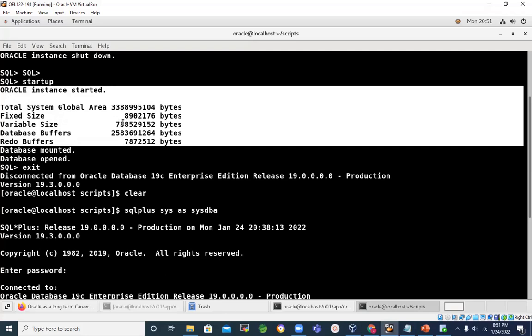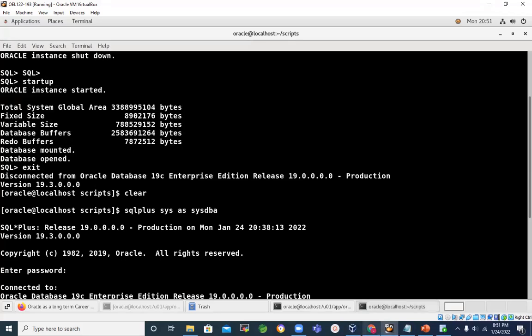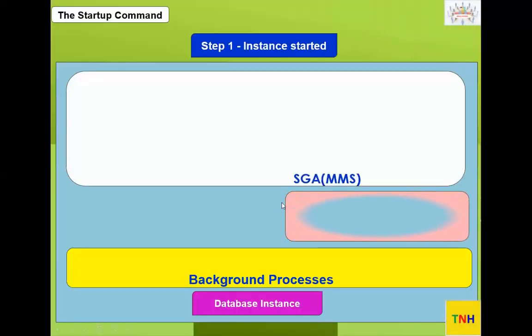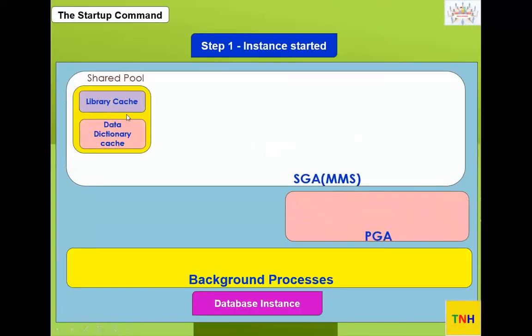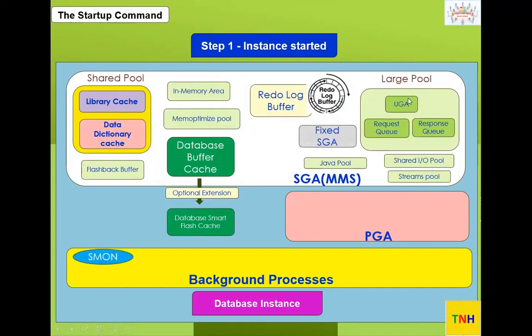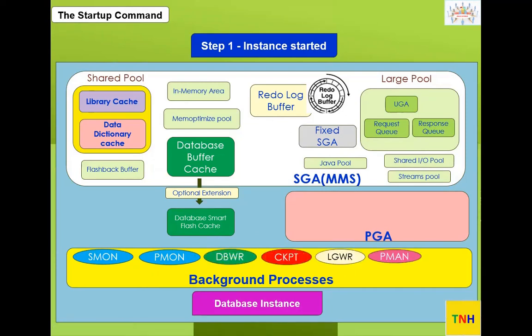Now you know what is happening behind the scenes when you say instance started. Very first thing is the SGA, then the memory structures, shared pool, buffer cache, redo, and the large pool, then the background processes: system monitor, process monitor, DB writer, log writer, process manager, and listener registration.